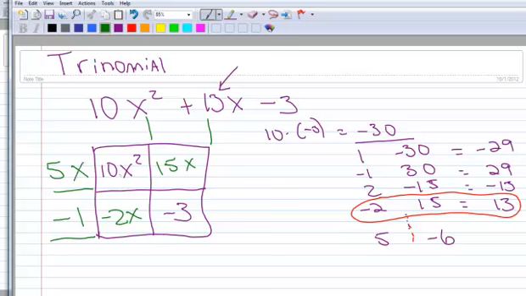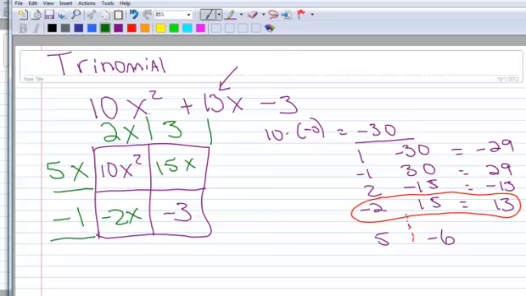Now I look at the rows. Let's look at this first row on the left. 10 and negative 2, greatest common factor is a 2. x squared and an x, so I can also have an x as a common factor. Now let's look at this last row. 15, negative 3. 3 is my greatest common factor, and I can't have an x as a greatest common factor because there's no x here.